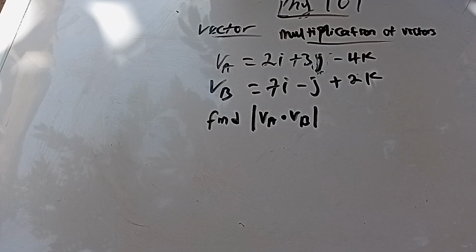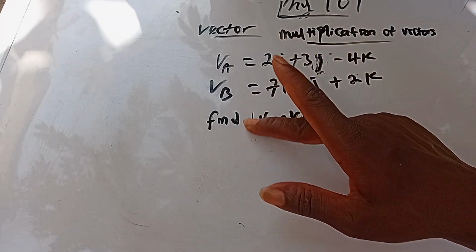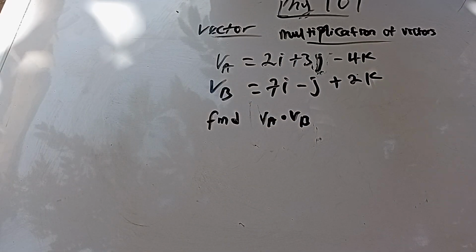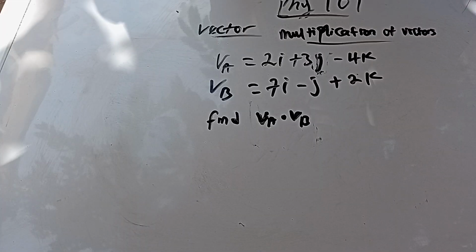Since it's dot product, the answer is going to give us a magnitude directly. There is no direction in dot product because dot product is a scalar quantity. So we are going to have magnitude alone.